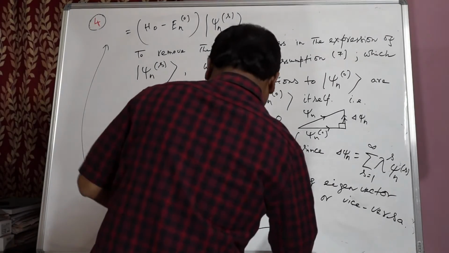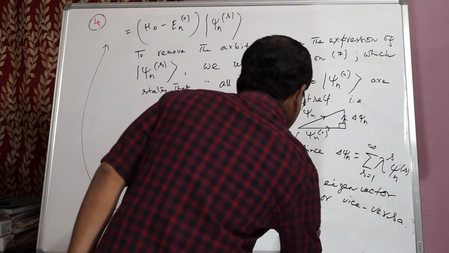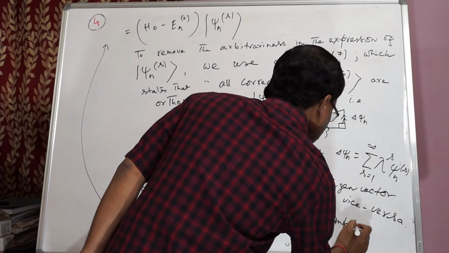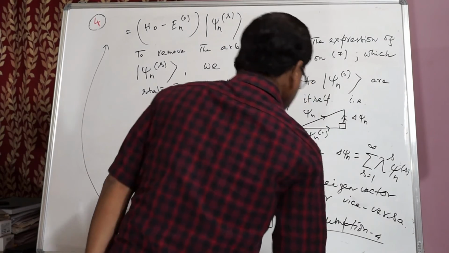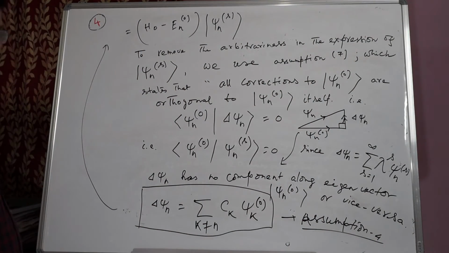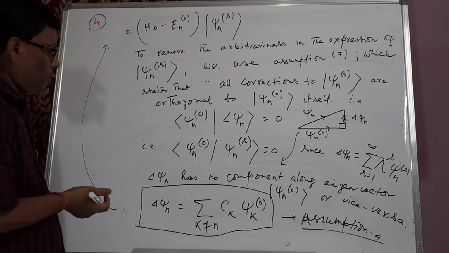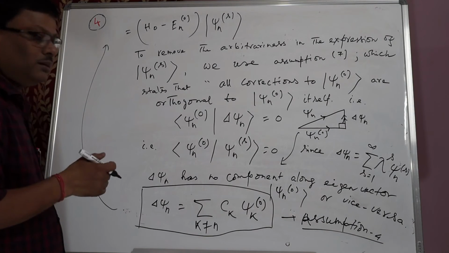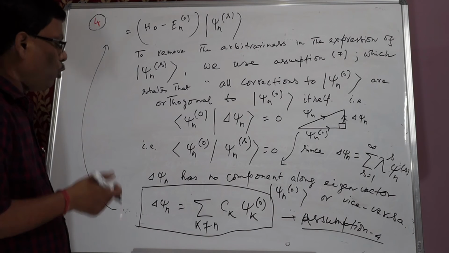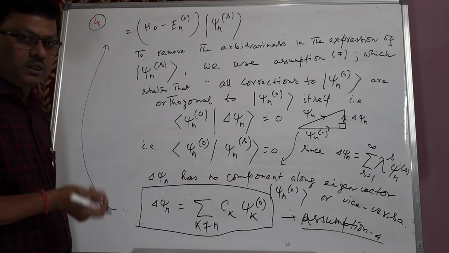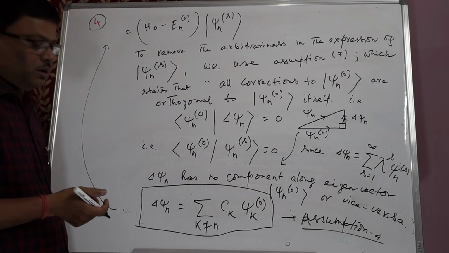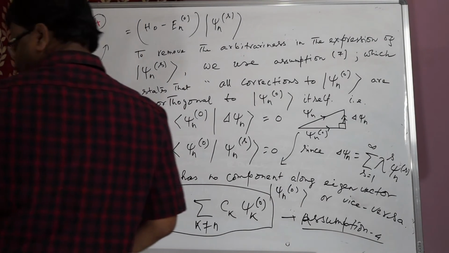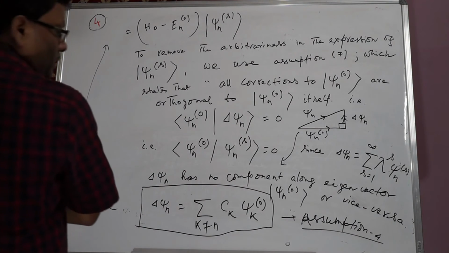This is assumption number 4, which I stated before, assumption number 4 in our mathematical model. So this is the main logic behind why the corrections to the nth level have no component coming from itself. It has only components coming from other levels. Okay, so this is the main physical origin of our expressions.